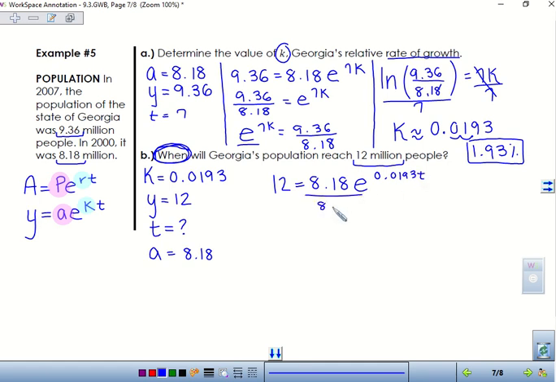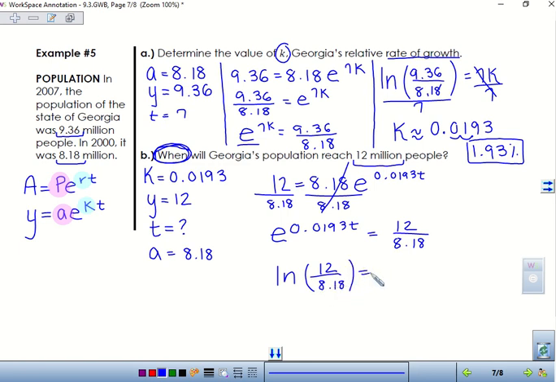So we divide. We get this. Whatever that is. Now I have a variable in the exponent, so what do I got to do? Switch it to ln, convert it. And then solve for t.